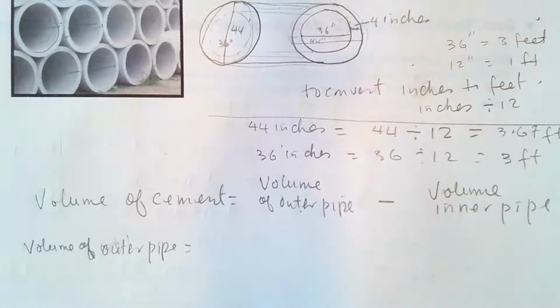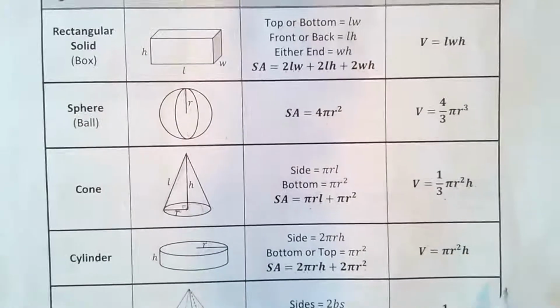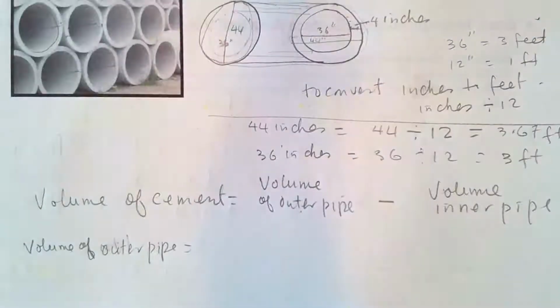Now, go back to our formula sheet. Remember, we said that a cylinder is pi r squared times height. So I'll use that.